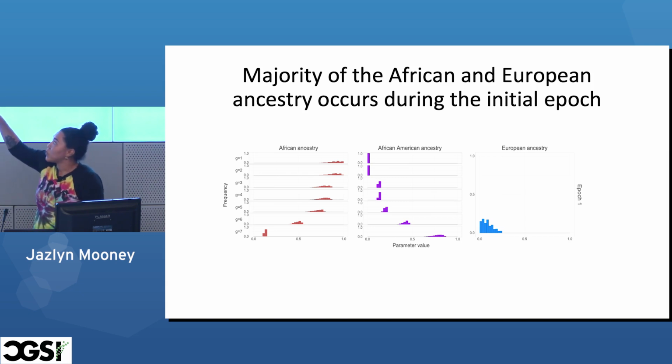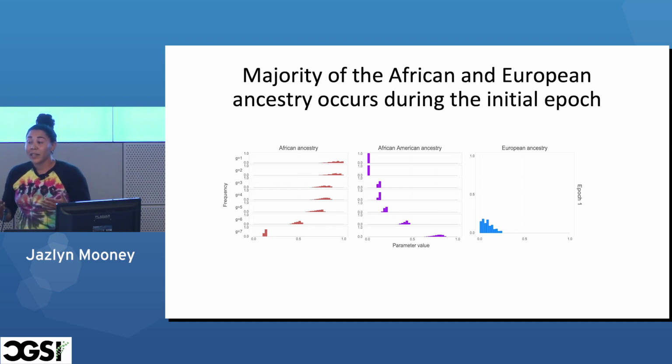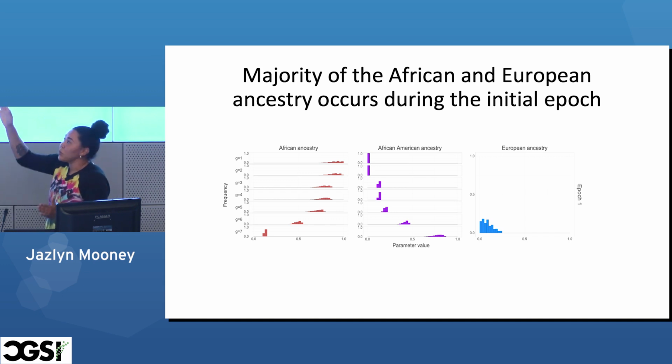And then, moving through the transatlantic slave trade, as fewer and fewer slaves are coming in, we see less and less African ancestry, but more African American individuals are being born, so we see this corresponding increase in the number of individuals who can trace their parents to an African American origin.